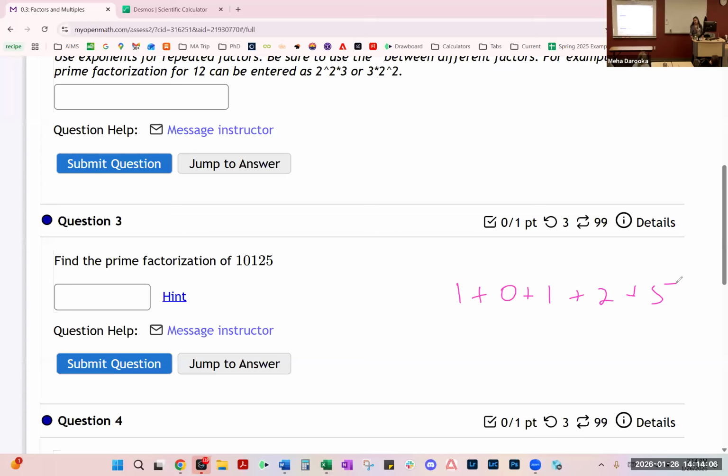What does this add up to? 9. So that actually tells you this number can be divided by 3. So that's the, I think it's called divisibility rule. I think that term just was not coming to my mind, but yeah, divisibility rules.